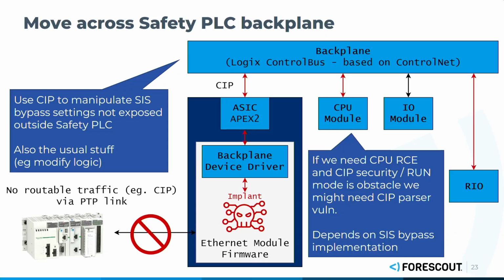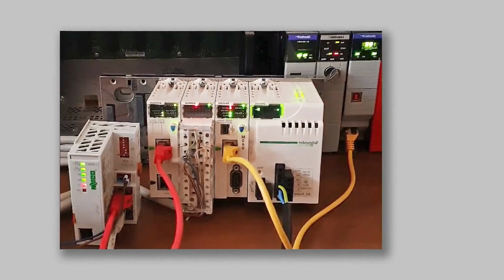This is essentially a SIP-based bus. So now I can send arbitrary SIP messages to the remote IOs and the CPU module, and manipulate any of these tags that might be related to the safety bypasses. To illustrate this a little bit more, I have a little video that should start playing.